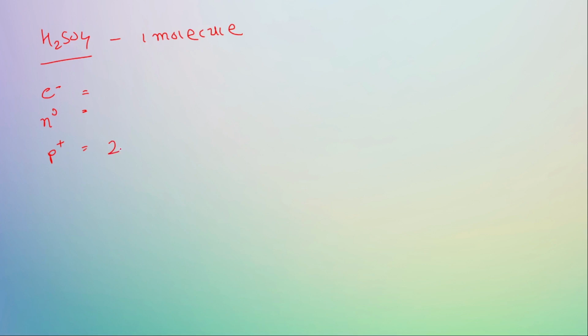So 2 protons for hydrogen, and for sulfur, 16 protons, and in oxygen, 32 protons, because in one oxygen there are 8 protons. So what will be the answer? 50. Similarly, protons will be equal to electrons. So we can also write it as 2 plus 16 plus 32 will be equal to 50.